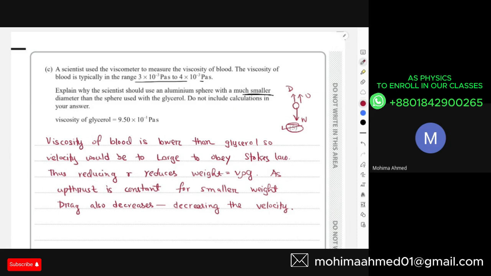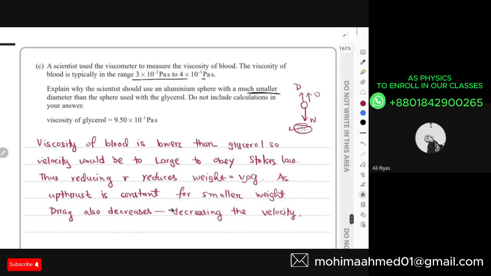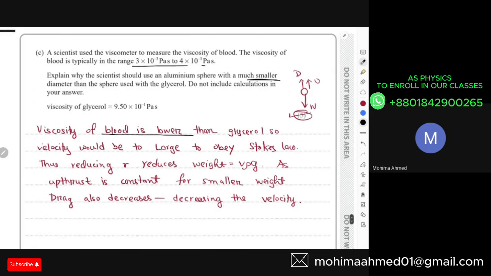Is there any problem from this part? Miss, don't you have to do any calculations? No, it says in the question not to include any calculations. We just have to explain. Is this enough for 5 marks? We're talking about the difference, the density of blood being lower. Then you're saying that if the viscosity is lower, the terminal velocity would be very large, right?